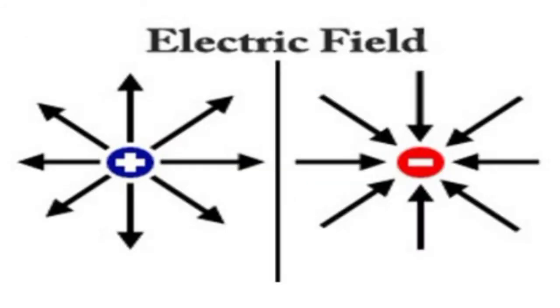The first figure is the isolated positive charge producing electric field, and the second figure is the isolated negative charge producing electric field.